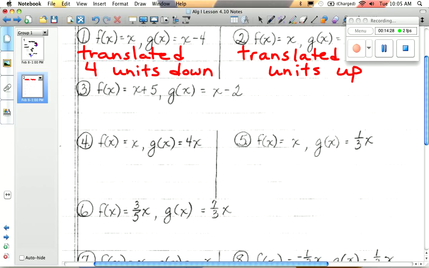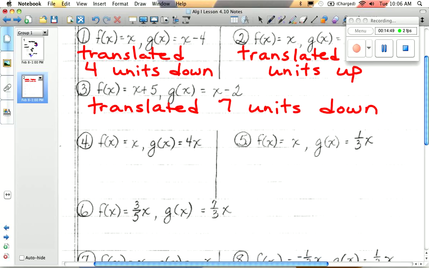You agree with me? Okay, well then let's do that. Let's say it translated, and then we'll figure out how. Translated, what do you think? 7 units down. In other words, the y-intercept was at 5, and it ended up down at -2, so it went down 1, 2, 3, 4, 5, and now it's at the origin, 6, 7 to -2.